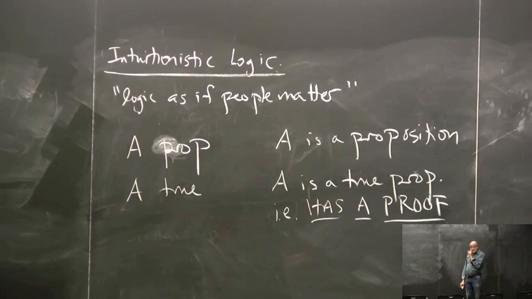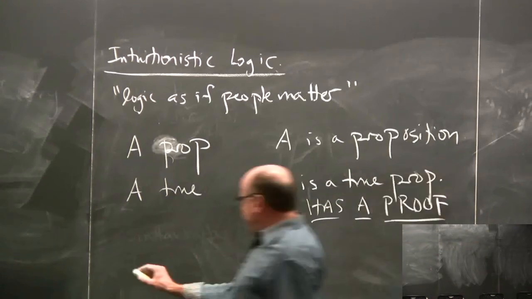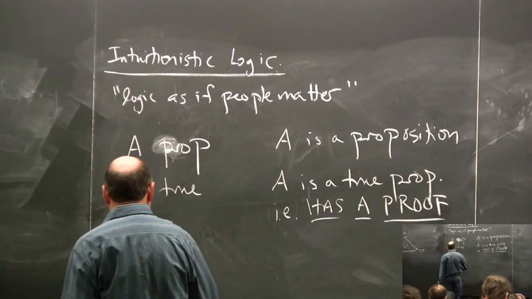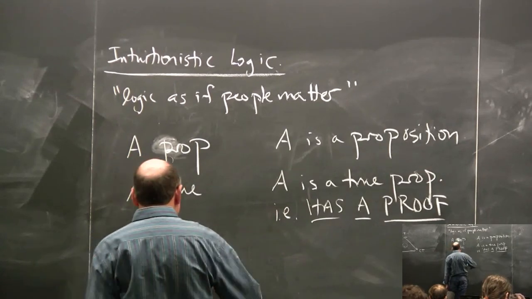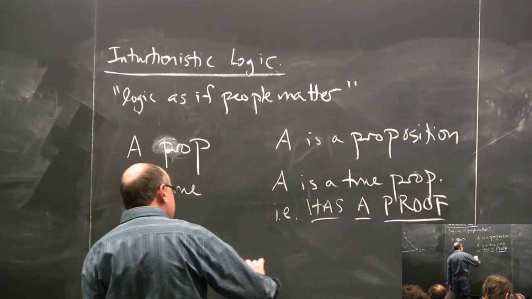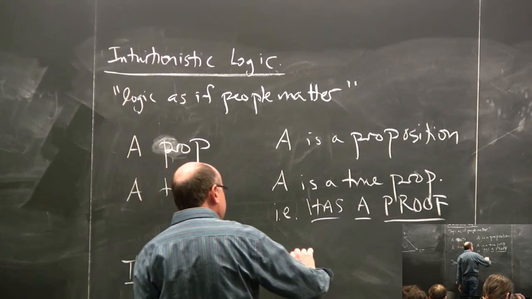So the thing that is significant about Brouwer's analysis is it's a man's eye view of logic and math. That when you see a textbook and someone writes theorem, every natural number can be written as a product of primes.